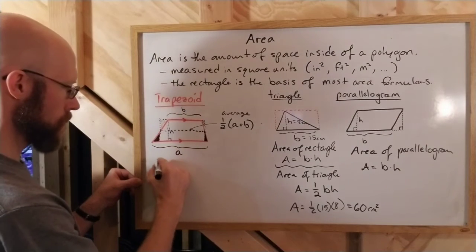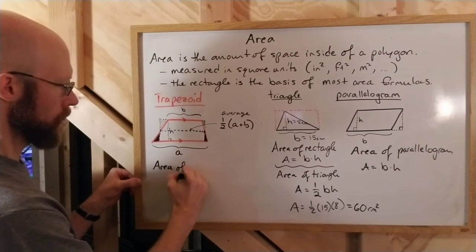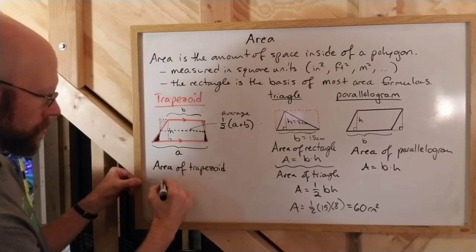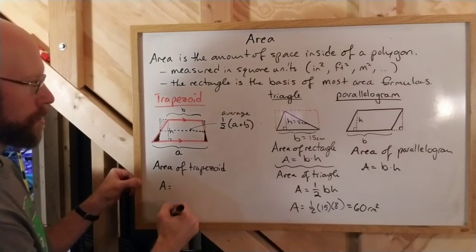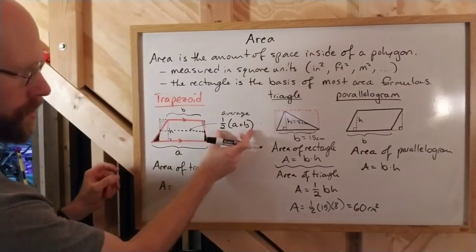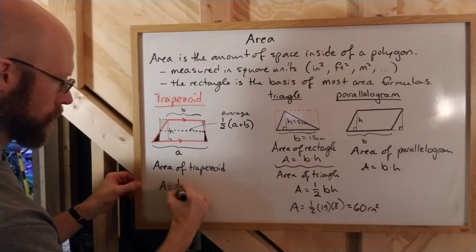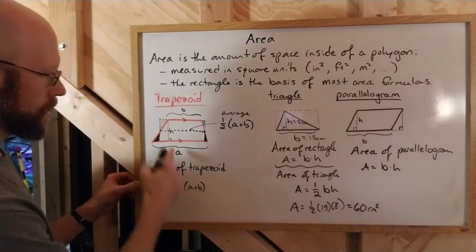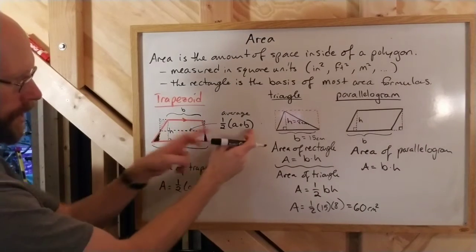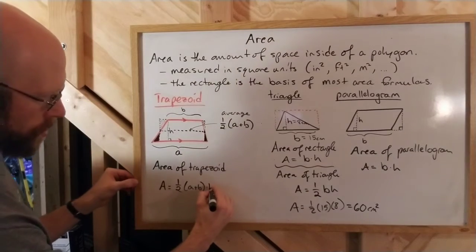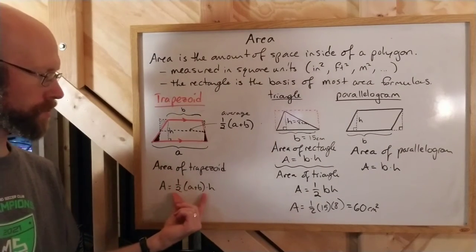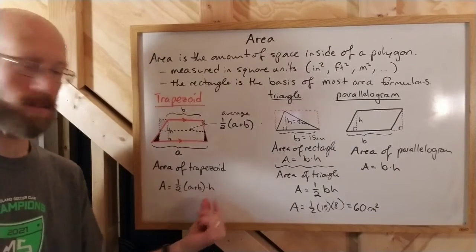So the area of the trapezoid is going to be the product of the length, which is this 1/2 a plus b, times the height, or the width. So length times width, which is h. Okay, so again, it's the average of the two lengths times the height.